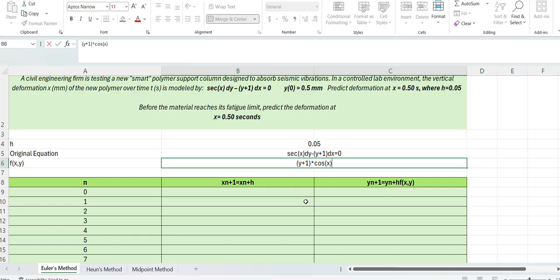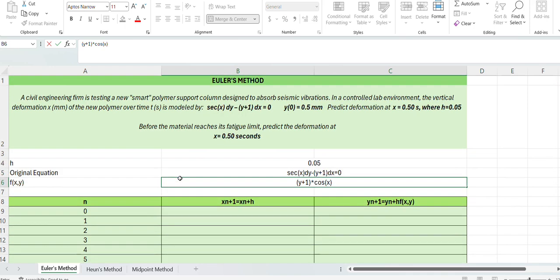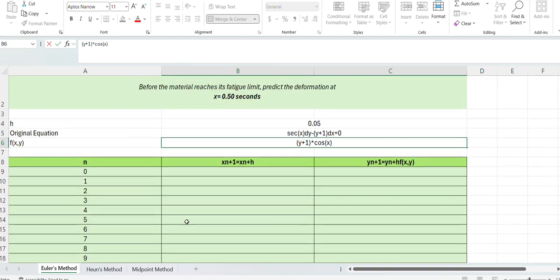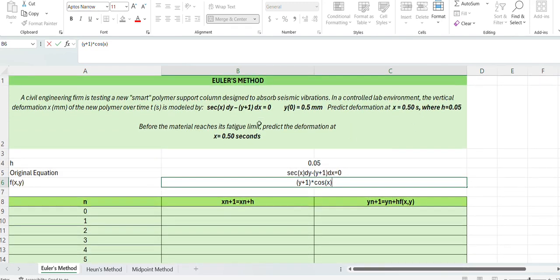And here is the table, and we must find the value of y, or the deformation, if we estimate at the time of 0.5 seconds. So in other terms, the problem is asking what is the deformation, or y, if x, or the time, is equal to 0.50 seconds.